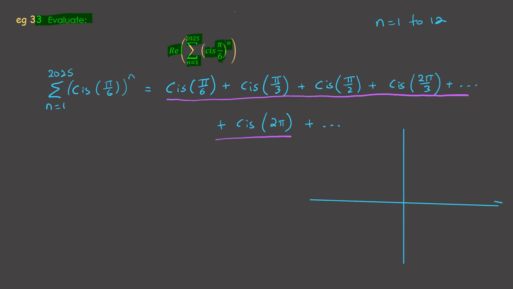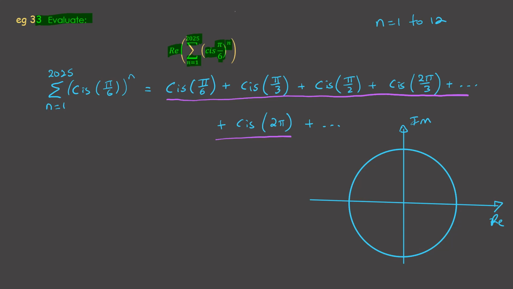So let's have our Argand diagram here. Now, we know all of these, because it's just cis with nothing in front, would lie on a unit circle, a circle of radius 1 centered at the origin.